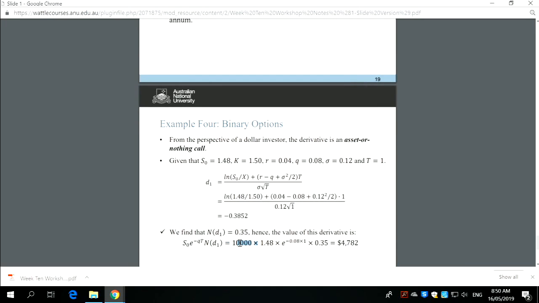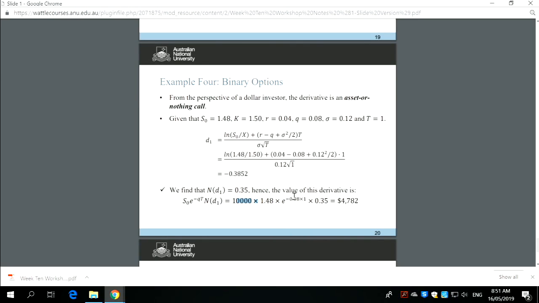So we convert that sterling into dollars, and we discount it, removing the effect of the foreign risk-free rate. The 8% is your foreign risk-free rate. That times N(d1) gives us the price of this derivative from the dollar investors' point of view. So from the dollar investor's point of view, this is an asset-or-nothing call option.